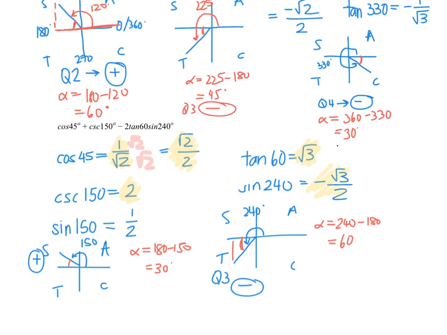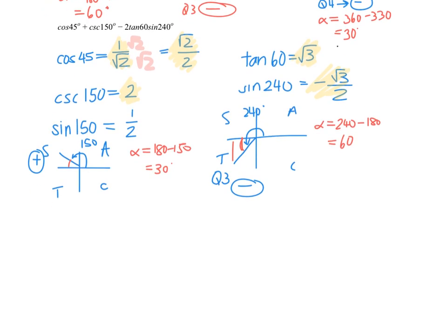Now that I have all 4 of the ratios I need, I can go put them into my expression. So we have cos 45, which we rationalized and got root 2 over 2, plus cosecant of 150, which was just 2, minus the coefficient of 2.